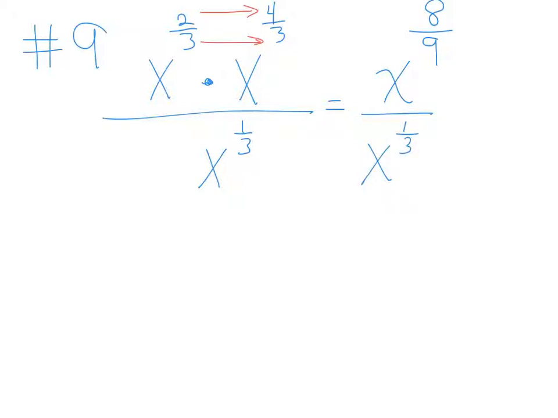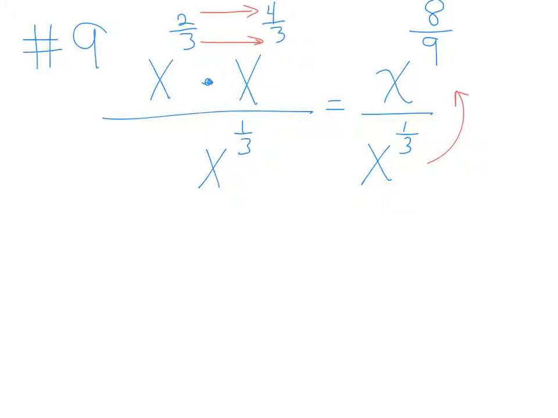And then once you do that, you can go ahead and simplify the exponents. As you recall from Algebra 2, you always move the smallest exponent to where you have the biggest exponent. In this case, the 1/3 is smaller than 8/9, so that goes to the top.